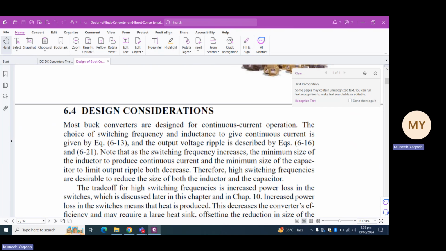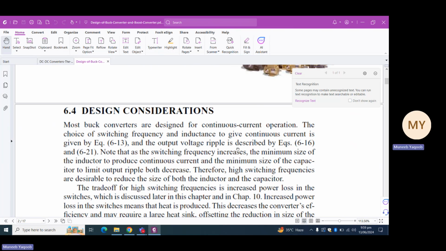Similarly, we assumed that the switches are ideal, they don't consume any power. If the switch is closed, then the switch voltage is zero, and hence the power consumed by the switch is zero. Similarly, if the switch is open, then the current passing through the switch is zero, and hence the power consumed by the switch is zero.